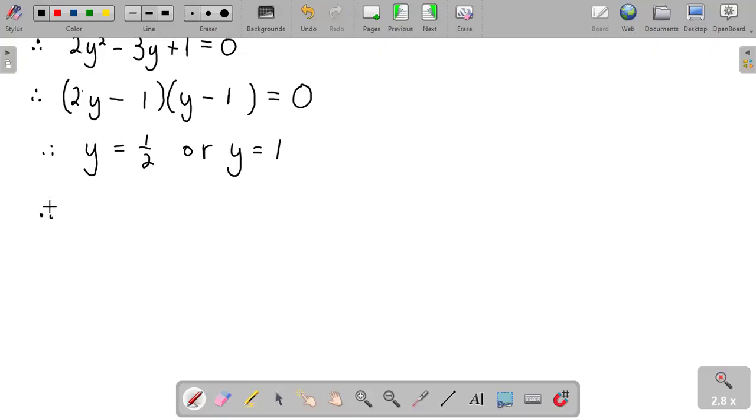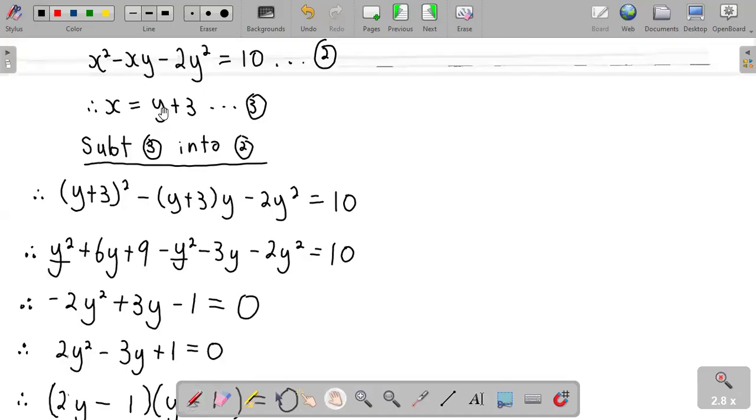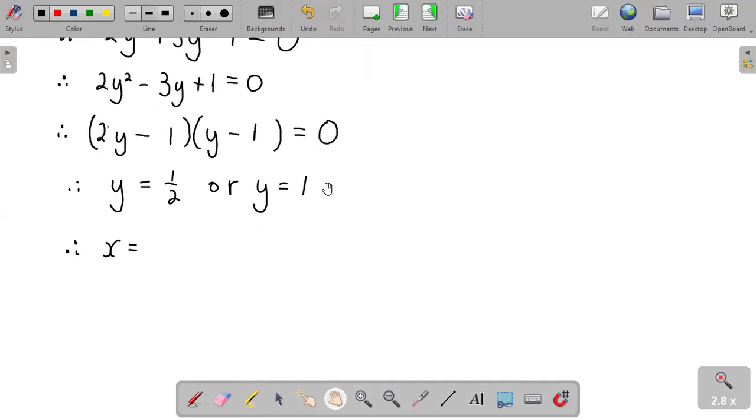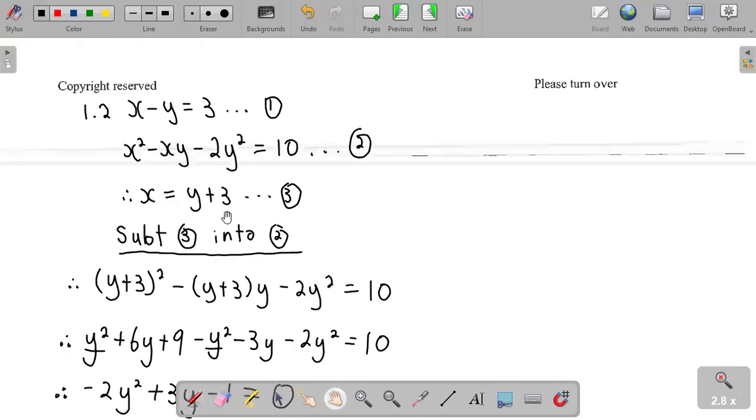So then it's going to be therefore x equals, because we have to add a 3 here, 1 over 2 plus 3, so it's going to be 7 over 2, or x equals 4, because it's going to be 1 plus 3 over there at the top.